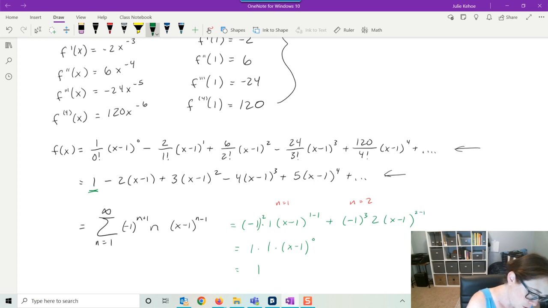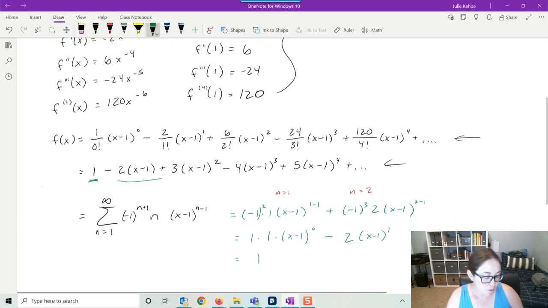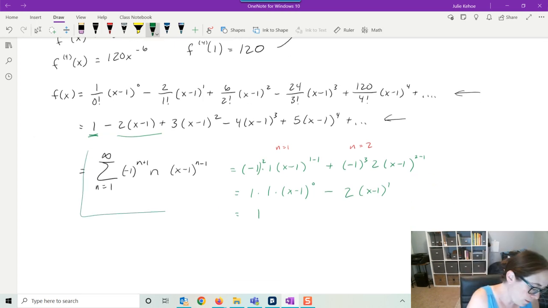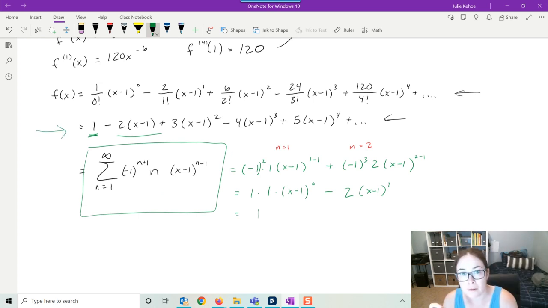So that simplifies to negative 2 times x minus 1 to the first, which matches my second term perfectly. Okay, so I'm feeling really good about this. I've got my compact form right there, in addition to my terms right there.